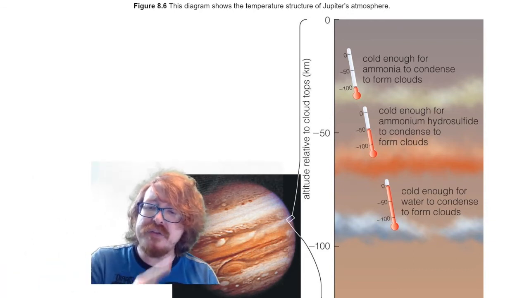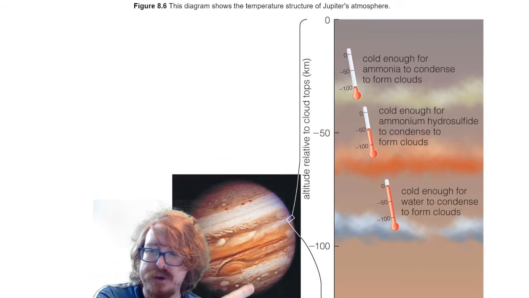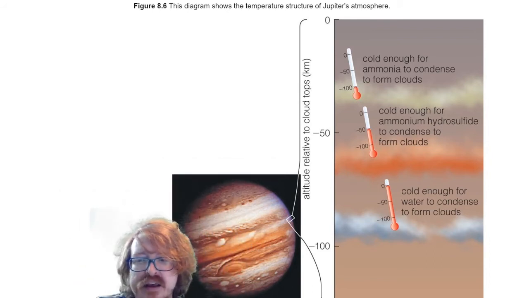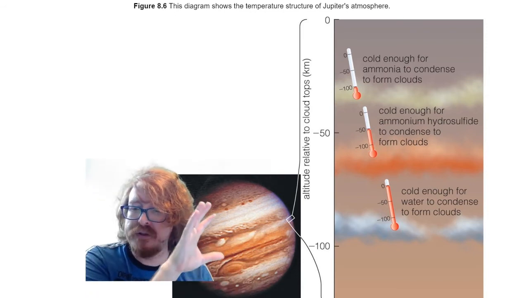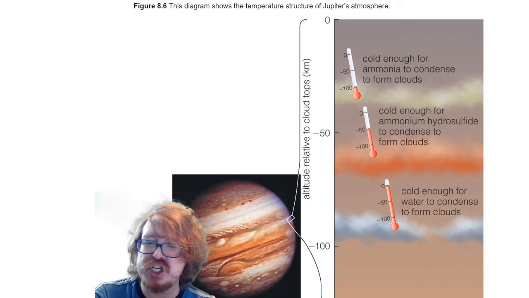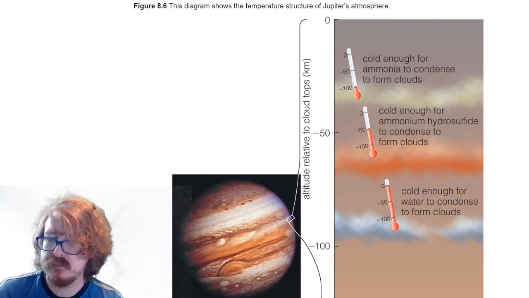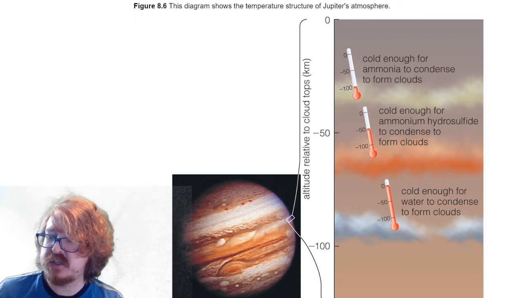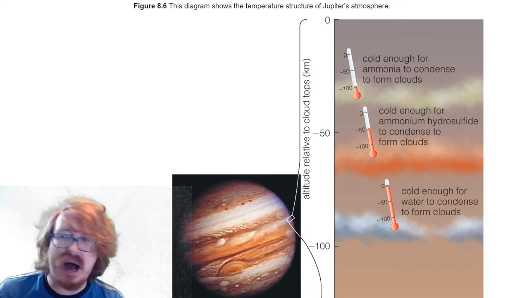Other than stripes on Jupiter, what other kind of shapes do we see in certain places on here? Other than stripes, what else does Jupiter have in terms of just basic shapes? Yes, there's a bunch of spots on Jupiter.